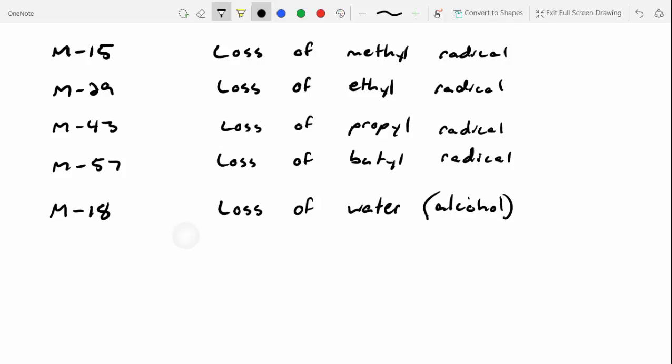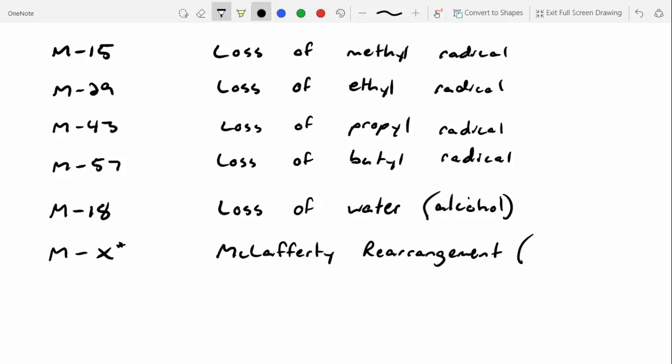And the other one is going to be mass minus X. And I'm going to put a little asterisk there. And this is something called the McLafferty rearrangement. And this is indicative of a ketone or an aldehyde.